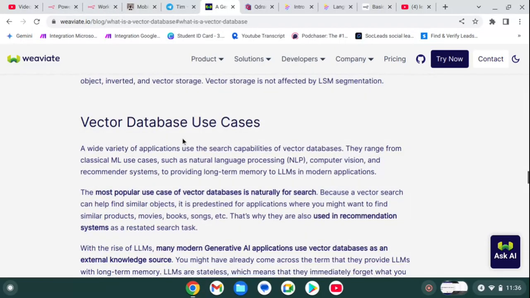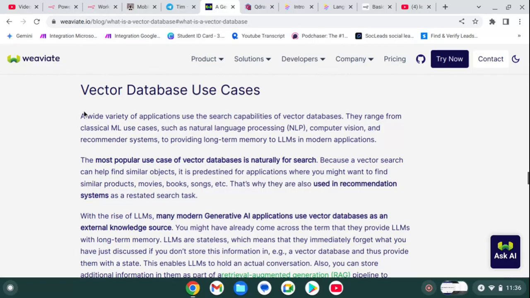Vector database use cases. A wide range of applications use such capabilities of vector databases. They range from classical ML use cases such as natural language processing (NLP), computer vision, and recommendation systems to providing long-term memory to LLMs in modern applications.